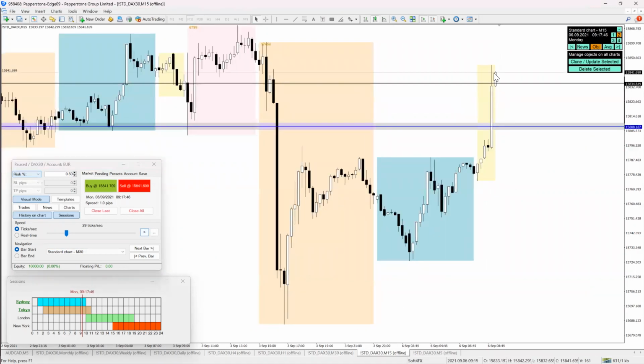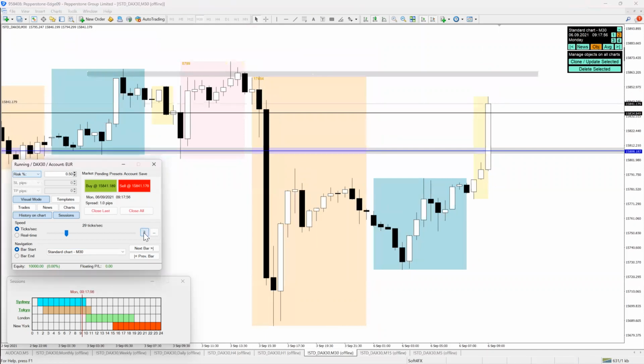15 minutes closed, super bullish. We've got the top of the New York session from the Friday. Let's see if we can take liquidity from above the New York high.